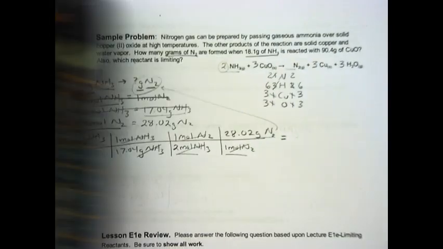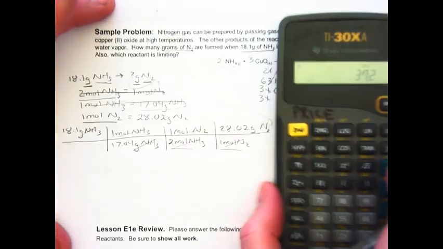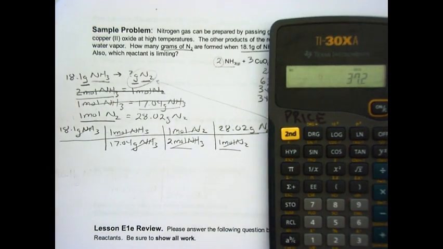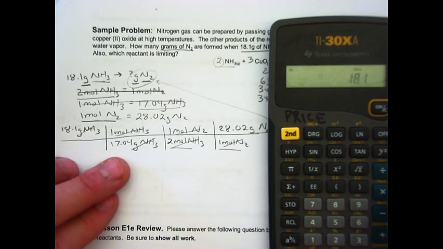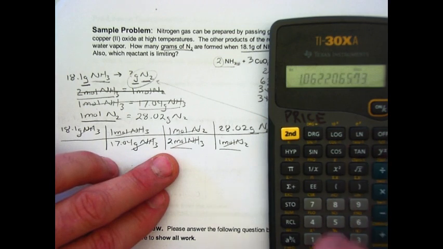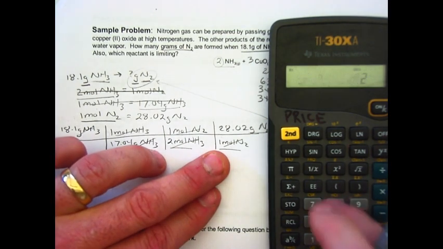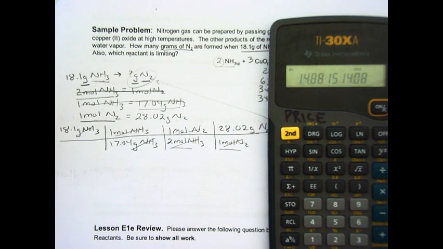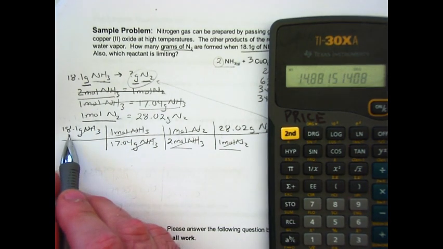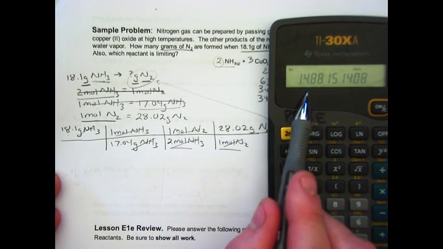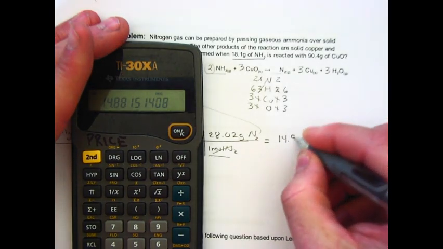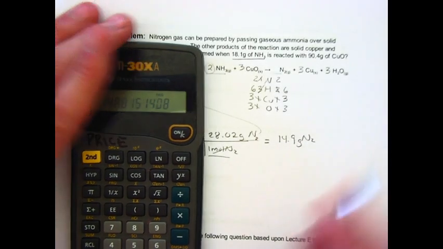So, on my handy-dandy calculator, I simply go 18.1 divided by 17.04 divided by 2 times 28.02 equals, and since there are 3 significant figures here, I round this off to 3 significant figures, so 14.88 becomes 14.9. So that's 14.9 grams of nitrogen.